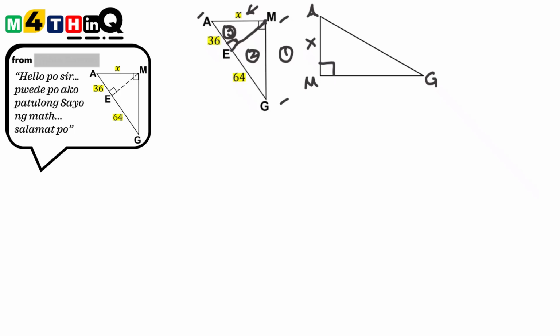Aside from X, you can also plot here the value of your hypotenuse, 36, but of course, plus 64, as this is the entire AG segment. In short, the hypotenuse is 100.